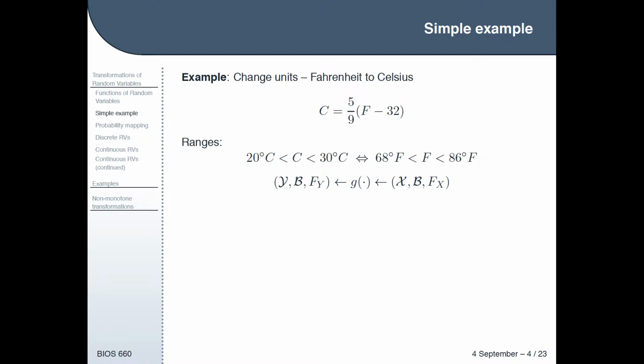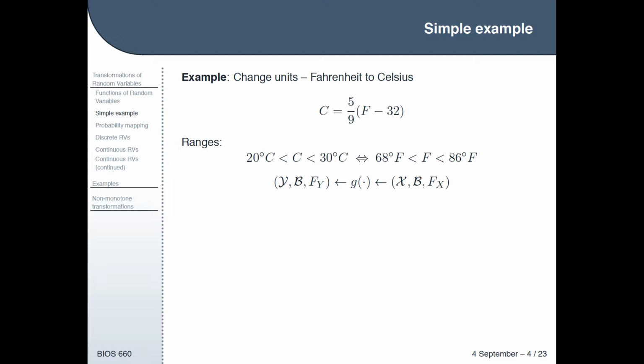So if we had some random variable defined in terms of Celsius in the range 20 to 30 degrees, say the room never goes outside of a temperature between 20 and 30 degrees, that would be the range of the random variable Y prior to the transformation.